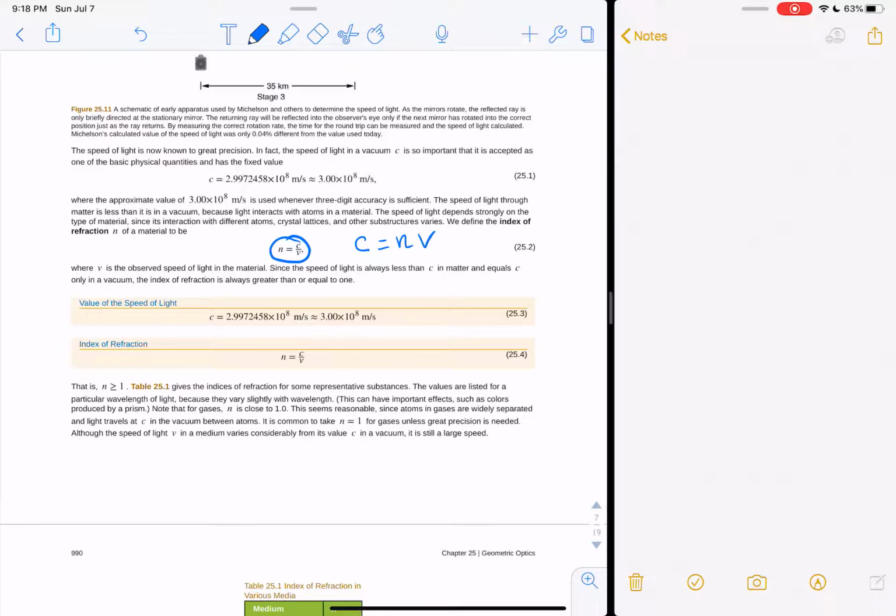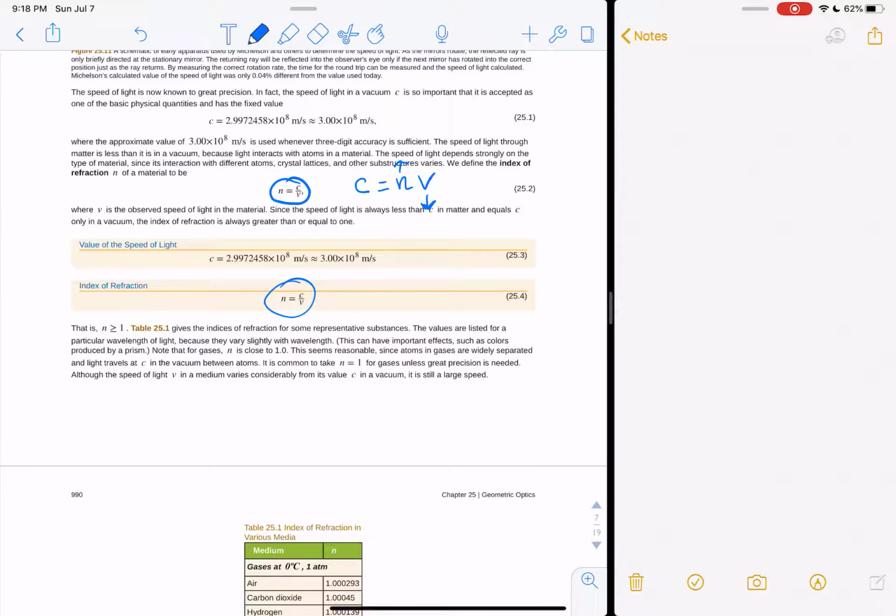If c is constant, we need to make sure n times v equals c. If velocity goes down when it enters a medium, that means n is going to be greater than 1, because then v is less than c. We have to increase it with n, something greater than 1, to get it to equal c.